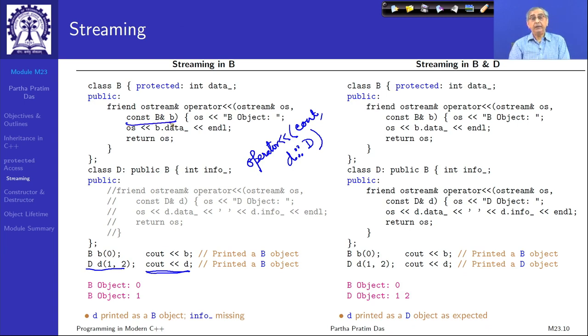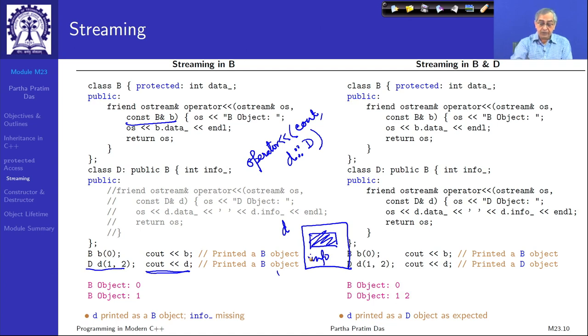Now, here the compiler does something interesting. The compiler figures out that, well, I need a B object. What you have given me is a D object, which is actually bigger. So, I have this D object, and within that I have a base part of the D object, and then I have info here.